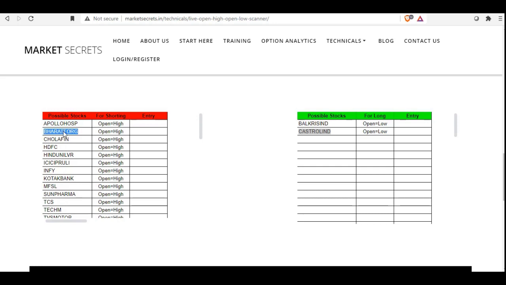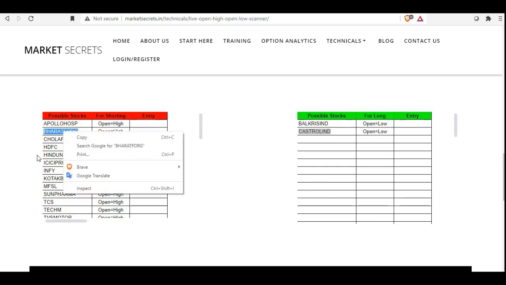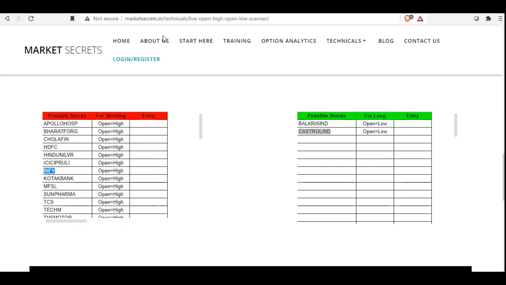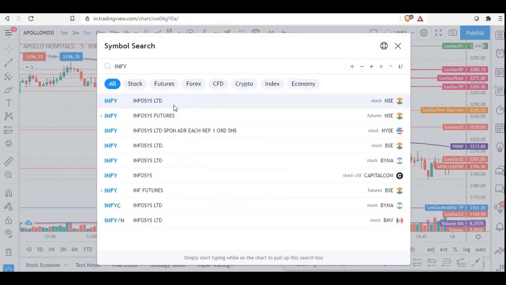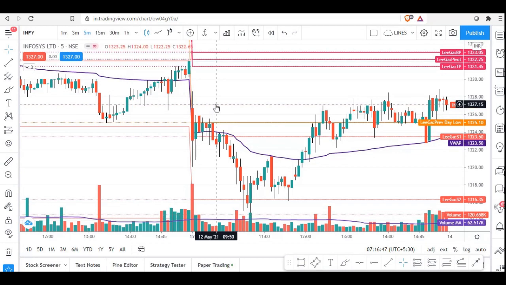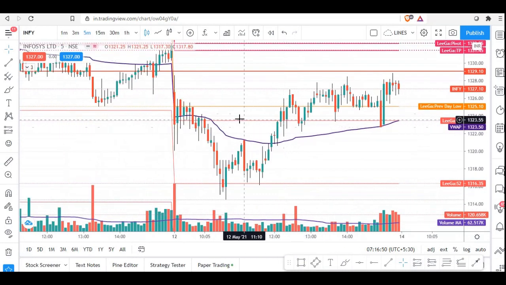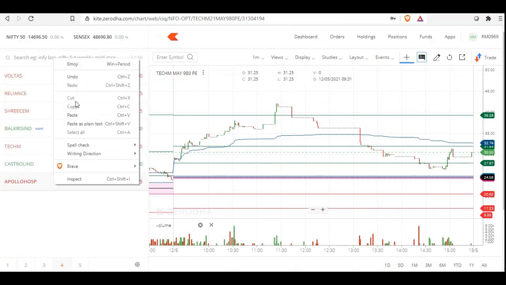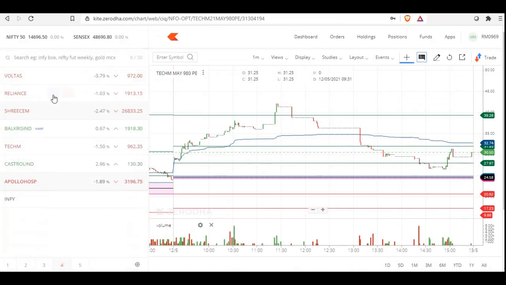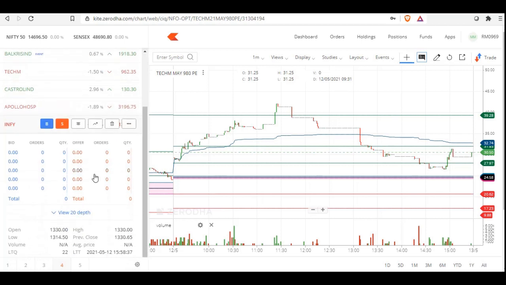One more stock, Bharat Forge. We can take Infosys, no problem. First we confirm whether its open is high. On Infosys it's wrong data. You can check with Infosys. It's wrong data.